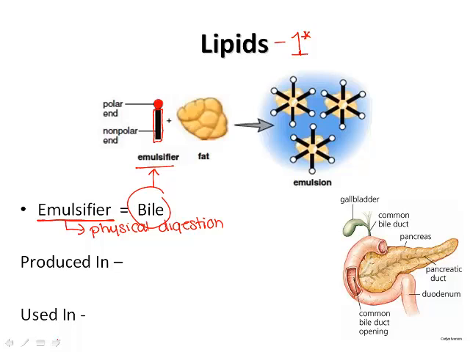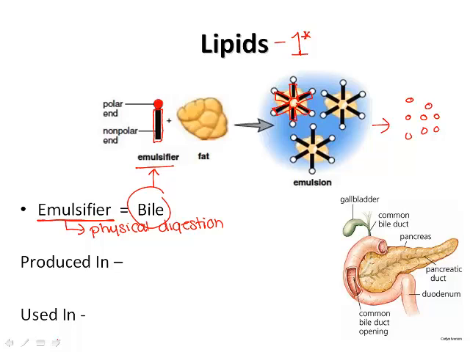So here are our nonpolar tails, they are going to stick into the fat. And when they stick in, they end up breaking it down into a bunch of small pieces.